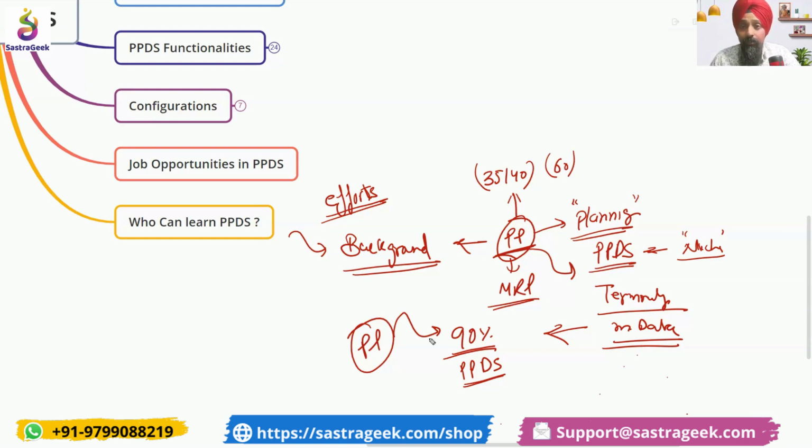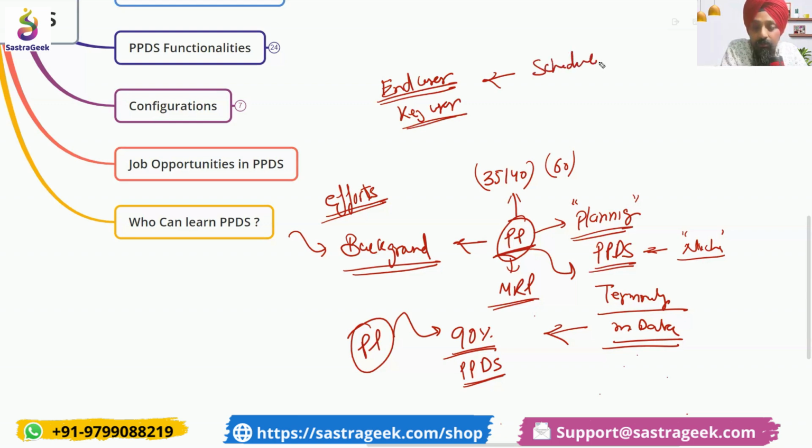If you are a complete fresher who wants to learn, then I would suggest you go for PP first, then PPDS. But if you are already working as a scheduler or planner, not necessarily as an SAP end user or key user, you would be very strong in the business processes of planning and scheduling.